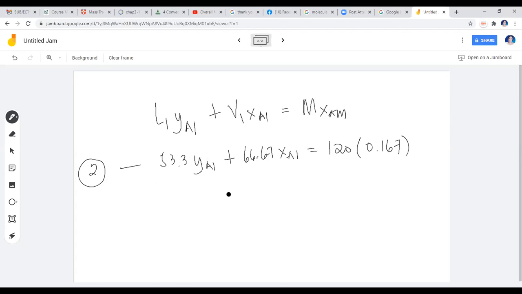That way we'll find XA1 and YA1. Do you have such an equation? Is it possible to set up another equation relating YA1 to XA1 or vice versa?